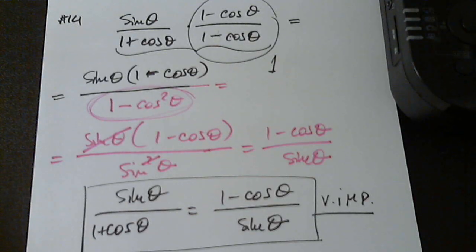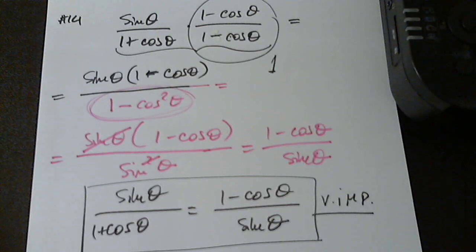Okay, I'm sharing my screen. So we multiply these two. So sine theta over 1 plus cosine theta times this is 1 minus cosine theta over sine theta. We just added it to the list of important identities.